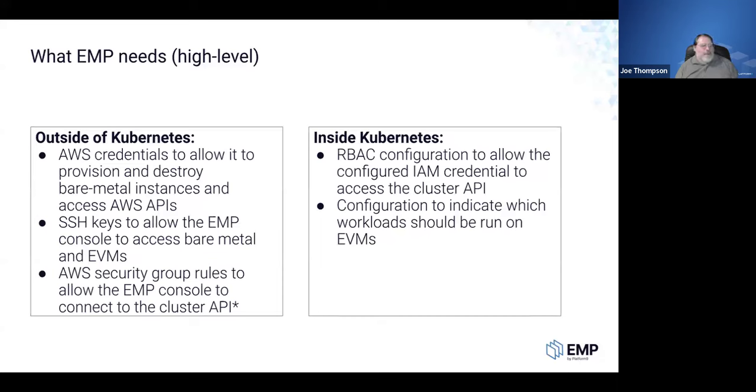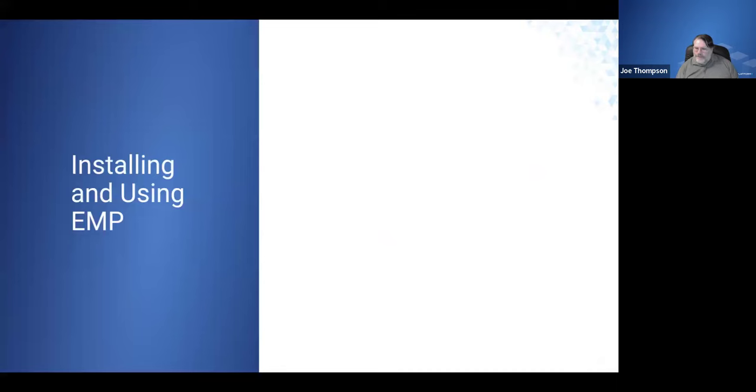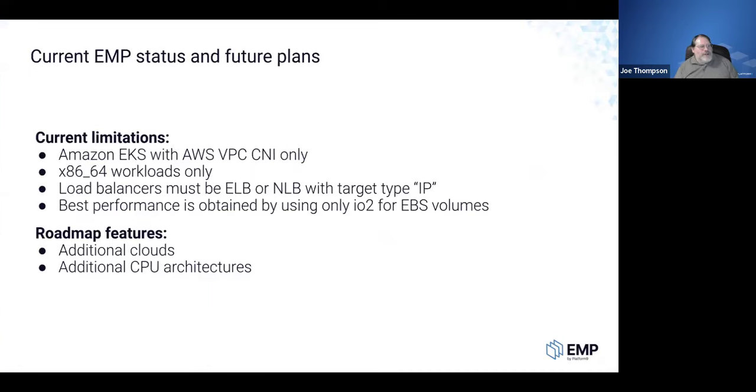But by and large, the config map inside the cluster determines 100% of which workloads end up on elastic machine pools. And there's a reason for that, because there are some limitations with EMP. We don't want to schedule workloads onto EVMs that won't be able to run.